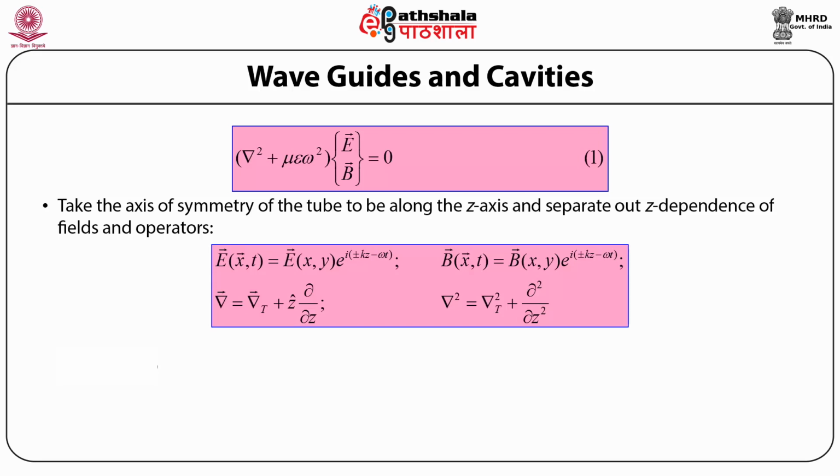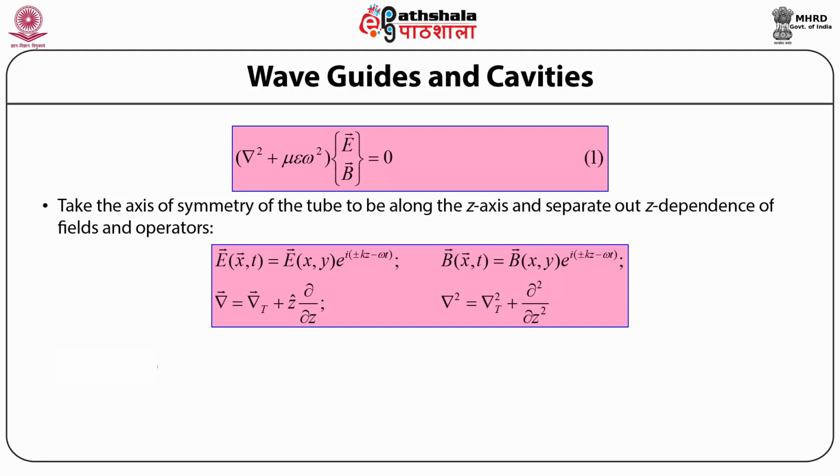The magnetic field induction vector B as a function of position vector x and time t is equal to the magnetic field induction vector B as a function of coordinate x and coordinate y times e to the power i(±kz − ωt).